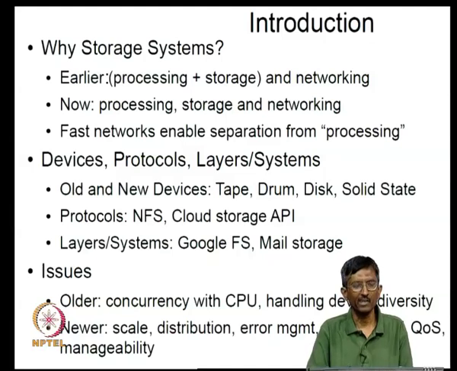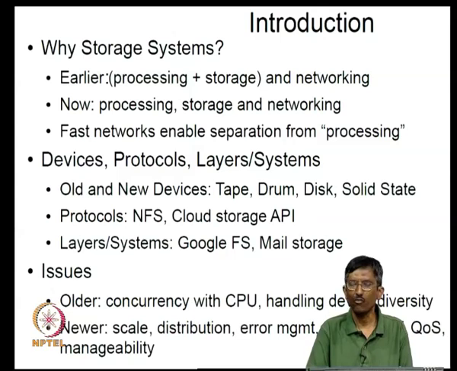For example, in the 1980s you had 10 megabit per second Ethernet, in the early 1990s you had fast Ethernet at about 100 megabit per second, and about the 2000s you had gigabit Ethernet, which is 1000 megabit per second, and in the near future you are getting 10 gigabit per second also.